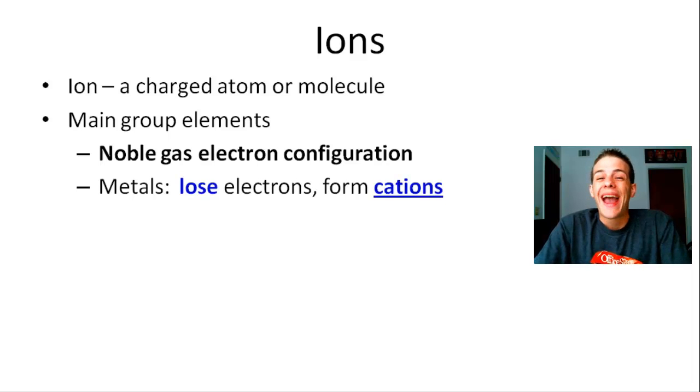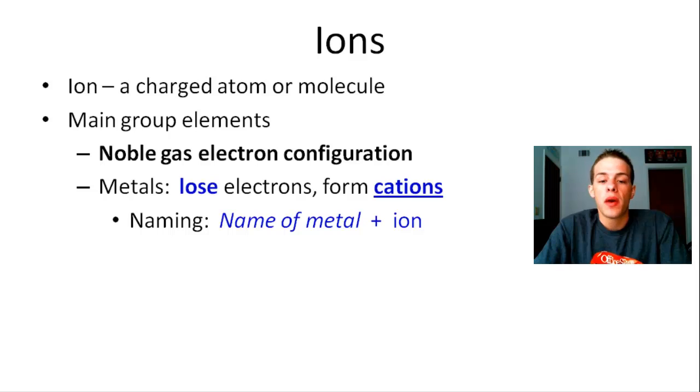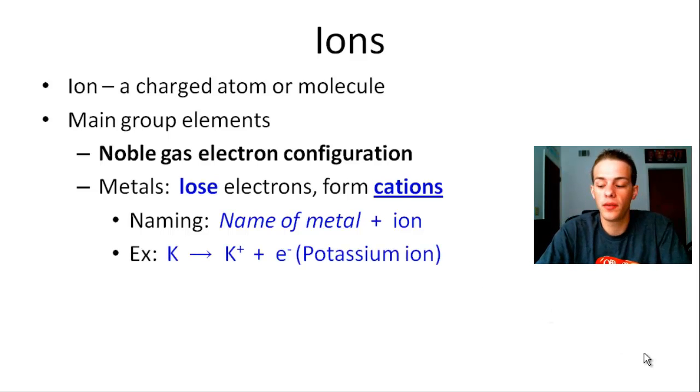So again, metals lose electrons. They form what are called cations. A cation is simply a positively charged ion. To name a metal cation, all you have to do is pop in the name of the metal and then add the word ion. For instance, potassium will lose an electron to form a potassium plus ion. This is what we call the potassium ion.